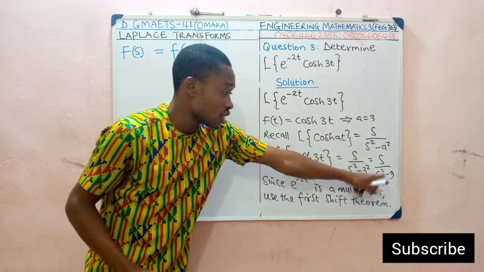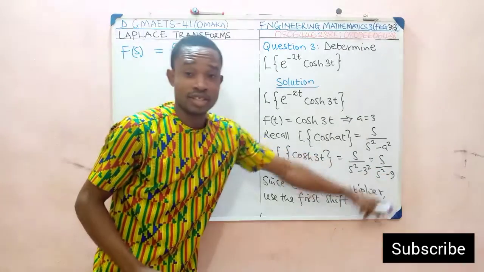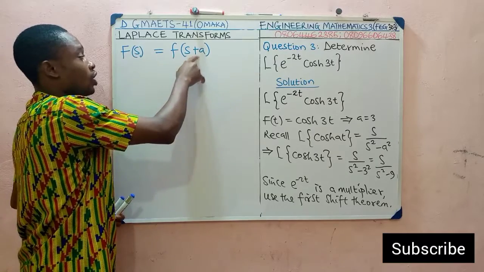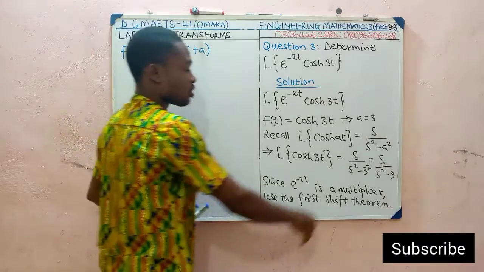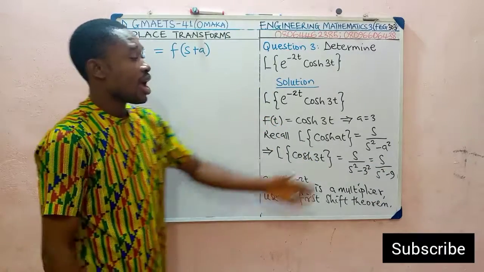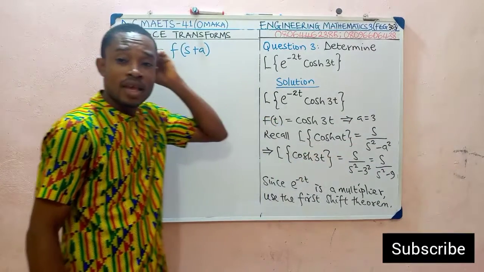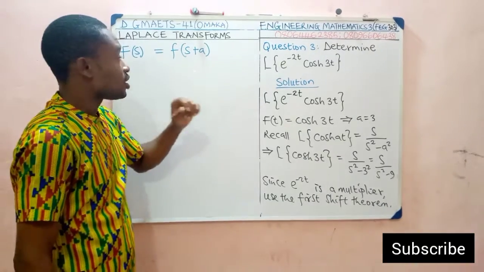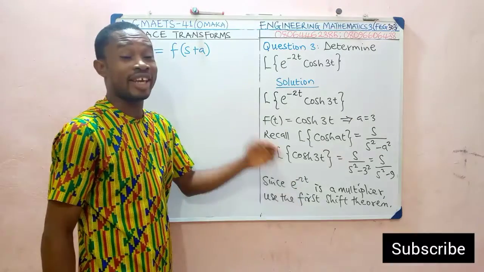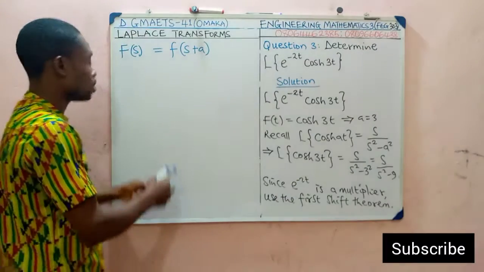And take note that our solution is s all over s squared minus 9. Is that okay? It means that f of s will now become f of s plus a. What we want to do now is to replace s with s plus a. And what is our s plus a? S plus a will be s plus 3. Is that okay? Because a is 3. Take note, this is going to be plus because this exponential is to the power of minus 2.